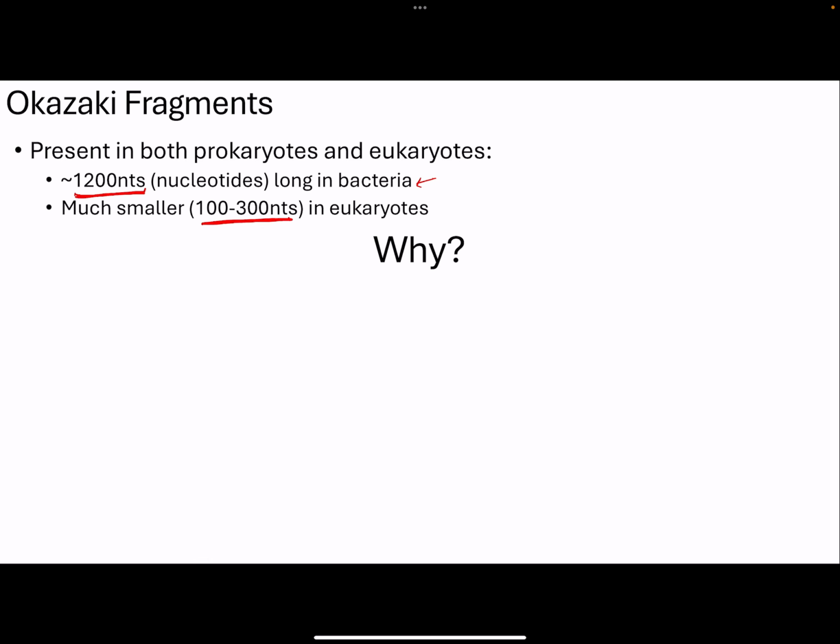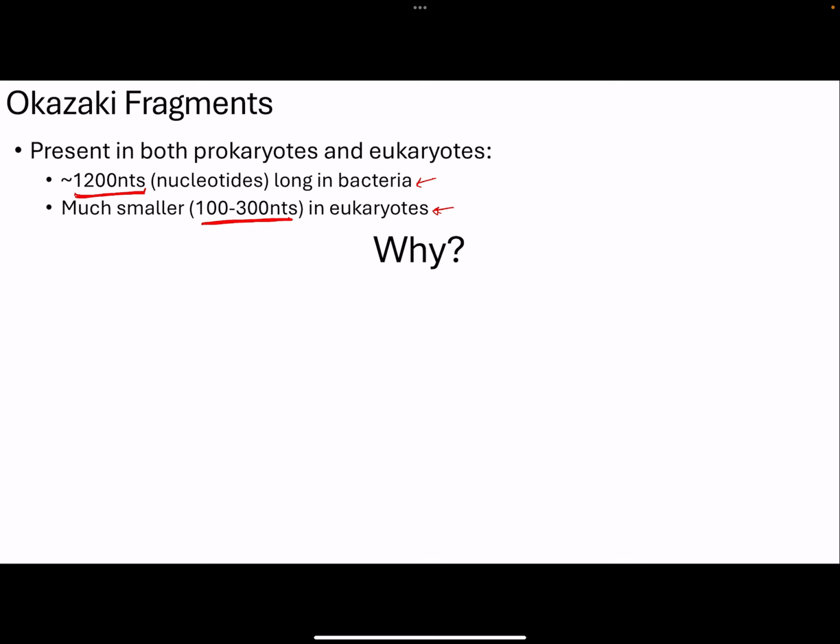So there's quite a range in terms of how long Okazaki fragments are on average, but you'll see anything between 100 and 300 nucleotides long in eukaryotes. And the reason for this has a lot to do with what we talked about last class, with the overall organization of DNA in the cell. So why would it be the case? Why would you expect to see different size Okazaki fragments in prokaryotes and eukaryotes? So take a pause, think through the answer.